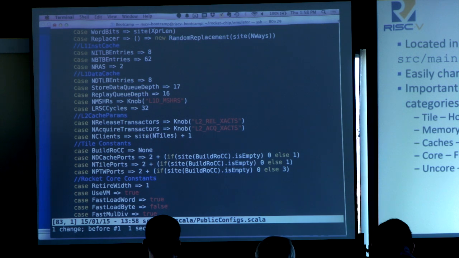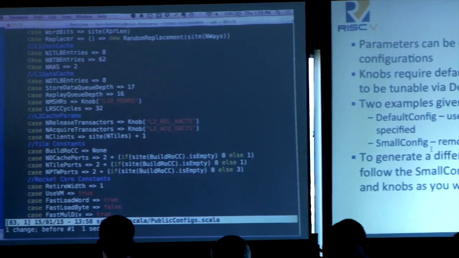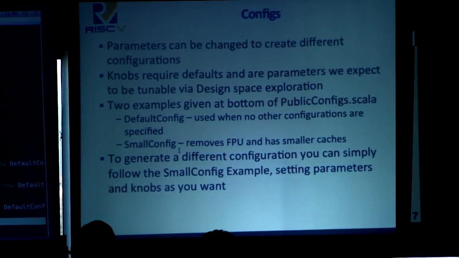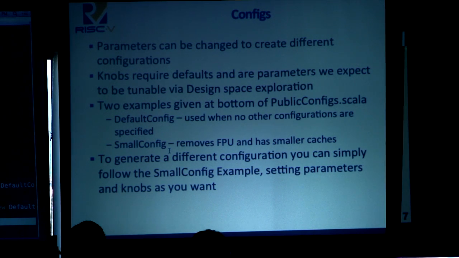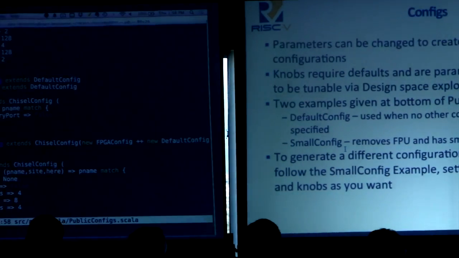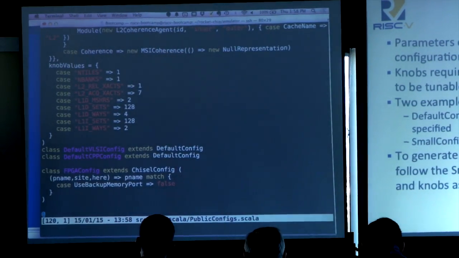If we move forward, all of these are different configurations. At the bottom of the file, we see a couple of default configurations that are set up with certain parameters already set to reasonable defaults.